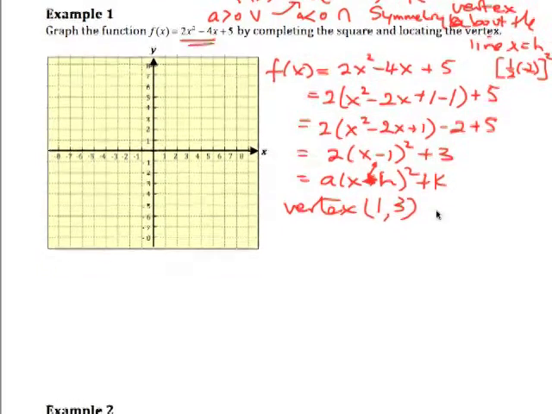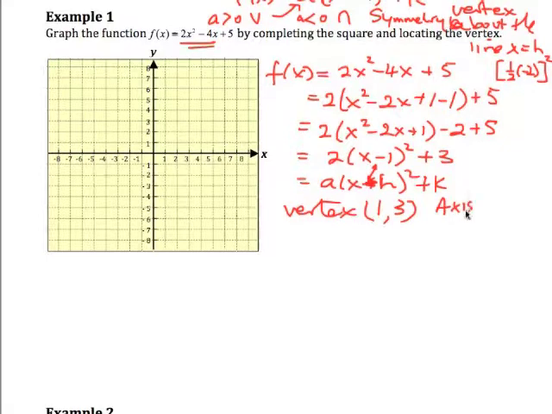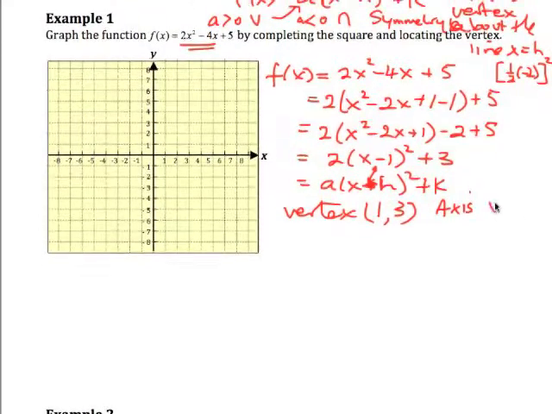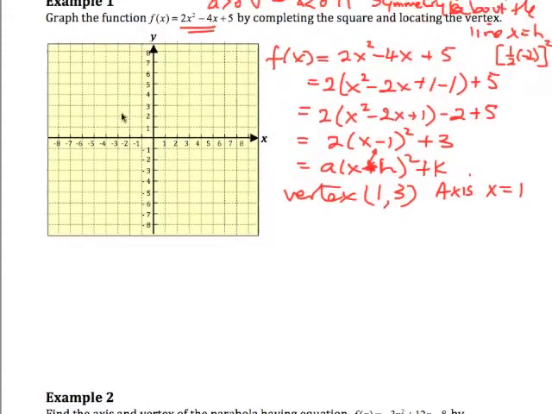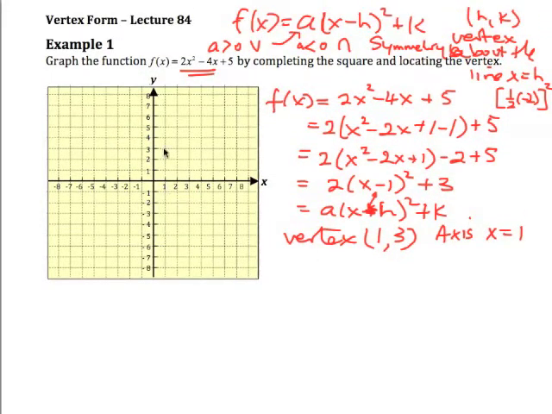So there's our vertex, and we know that there's going to be an axis that goes through the x value of the point, so that's going to be 1. So we can now plot 1, 3, and here is my vertex. I can see that a here is equal to 2, which is positive, so I know it's going to open upwards.